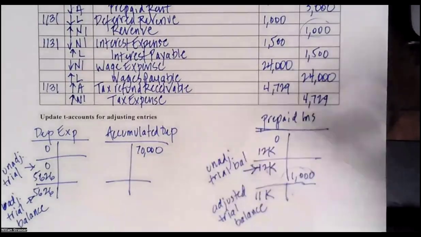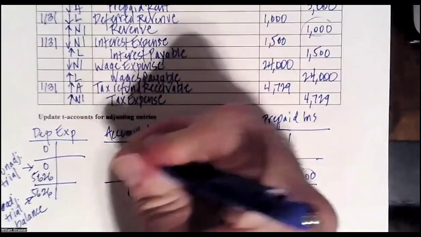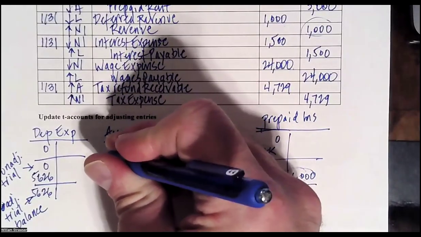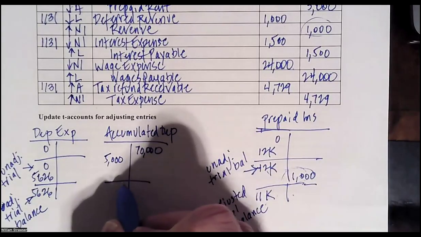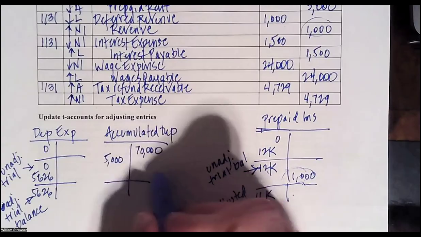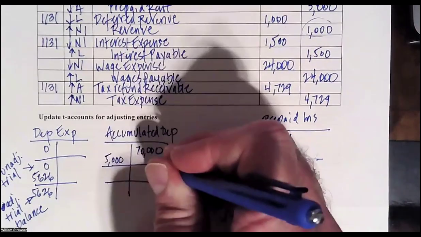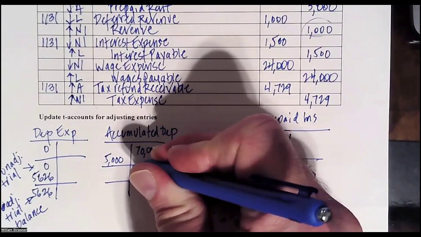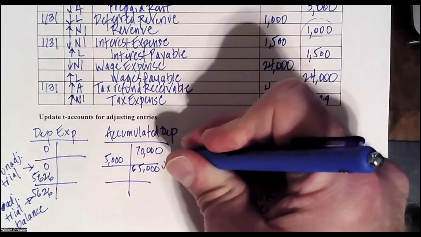We sold some of the equipment in the middle of the month, and we had $5,000 of accumulated depreciation that we canceled out because we sold the equipment that the 5,000 was associated with. That left us with $65,000 of accumulated depreciation, and this was my unadjusted balance.